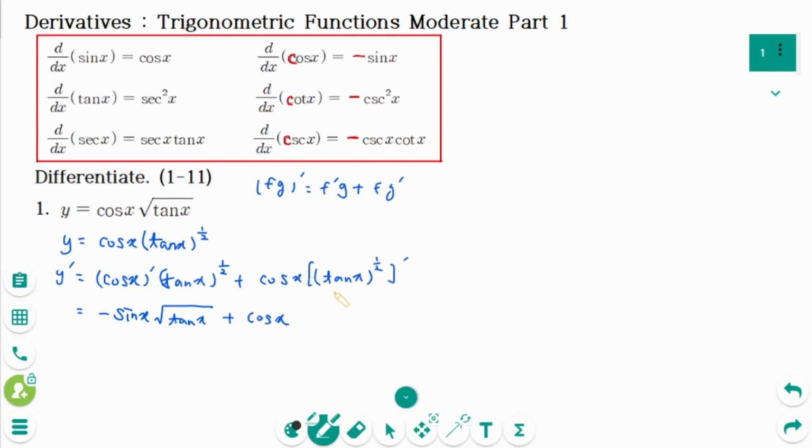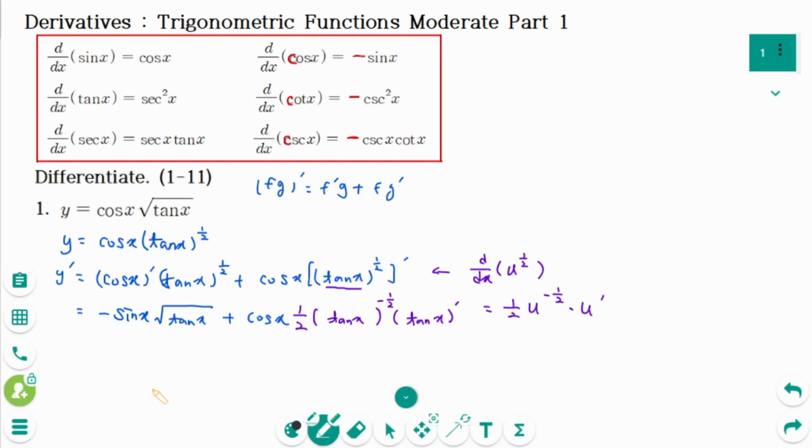Think of it as u equals tangent x, so d/dx of u to the power of 1 over 2 equals 1 over 2 u to the power of minus 1 over 2 times u'. Then u is tangent x.